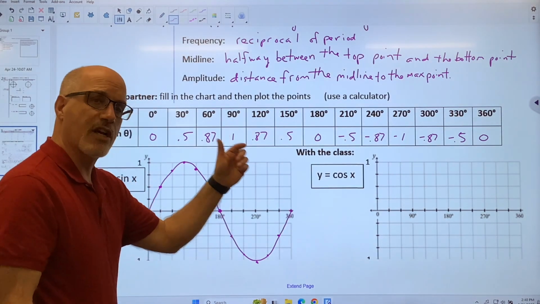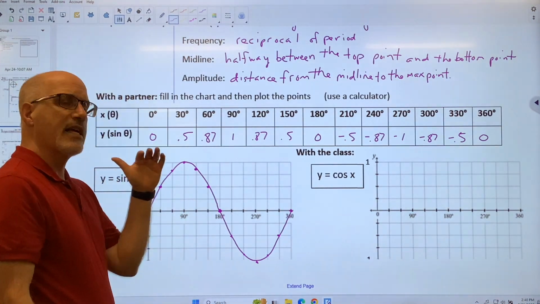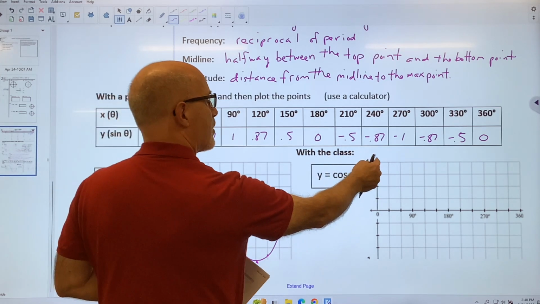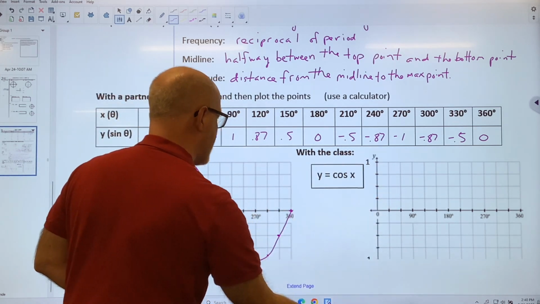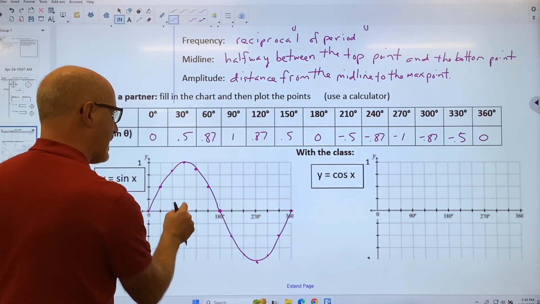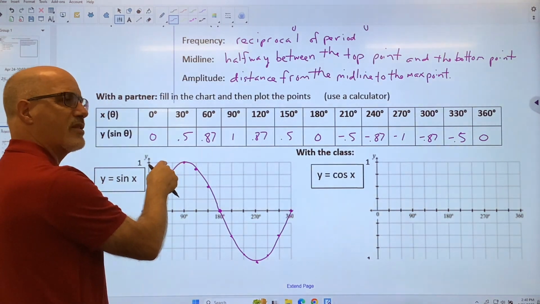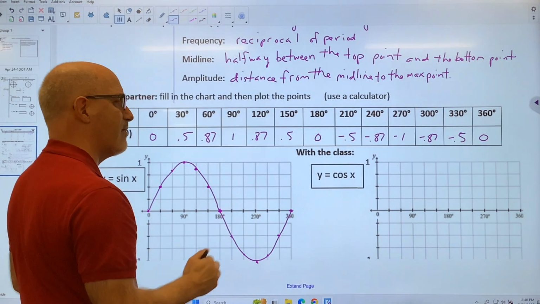Since cosine is the co-function of sine, using complementary angles, what's complementary with 0 degrees? Well, 90 degrees is complementary with it. So we're going to start where sine starts at 90, and then it will just have the same values.